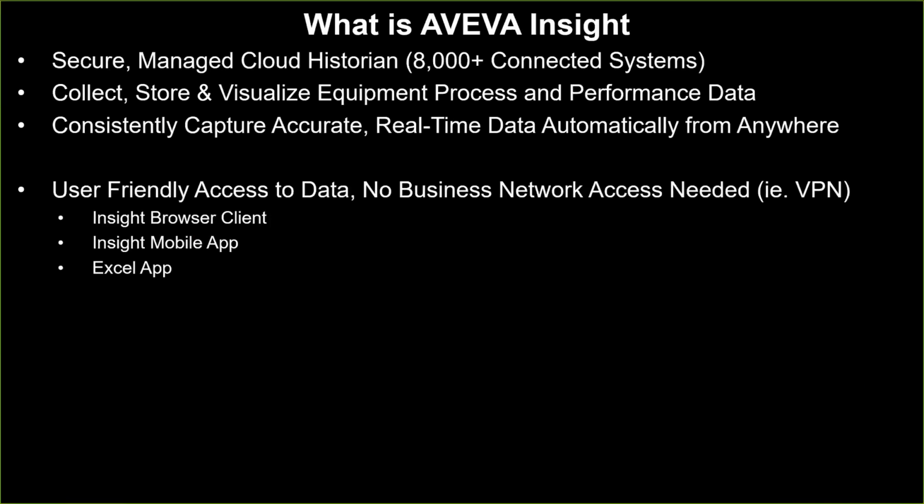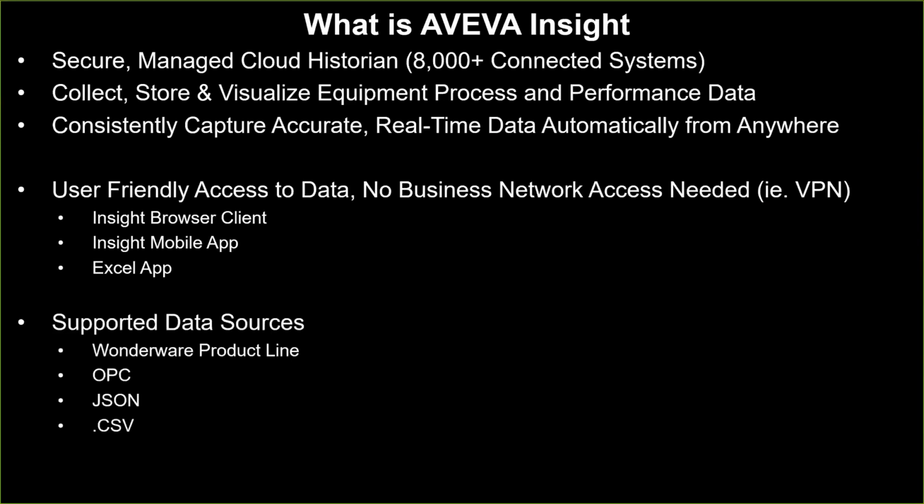And you can access this data in three ways: the browser client, the mobile app, as well as the Excel app. Some data sources that it supports are the Wonderware product line, OPC servers, and JSON and CSV files. And if you have any questions about the security regarding AVEVA Insight, please go to trust.wonderware.com.